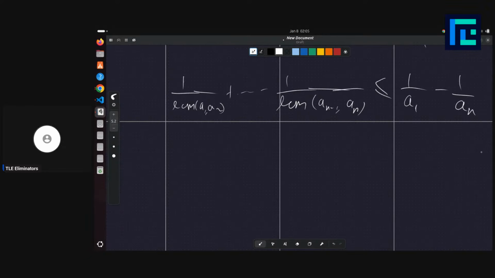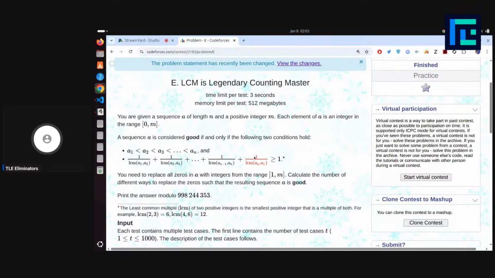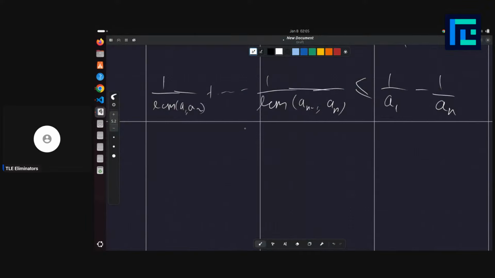And in the problem we have this extra term as well, 1 upon LCM of an comma a1.